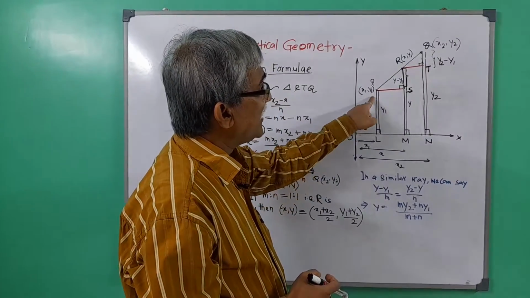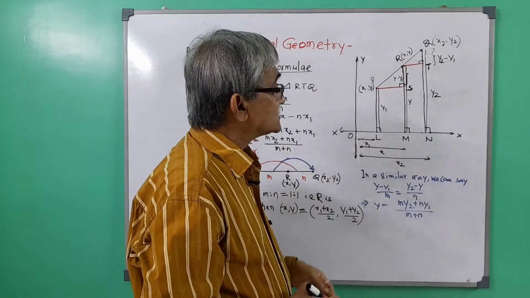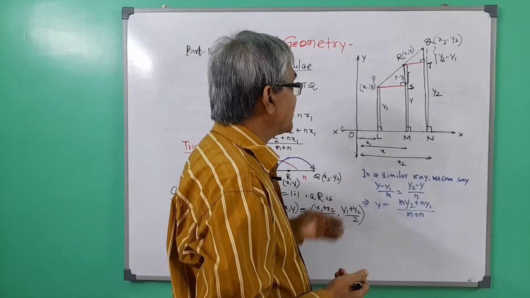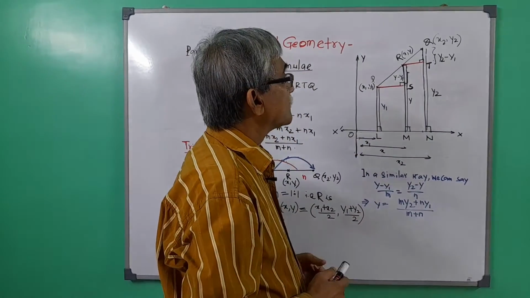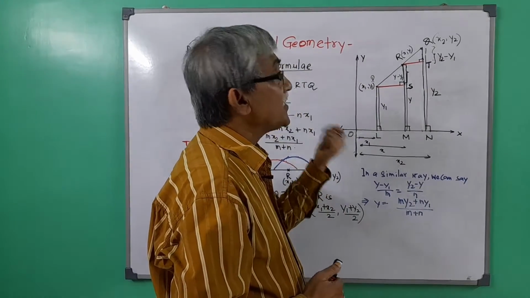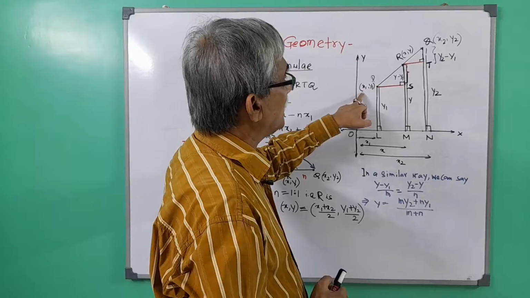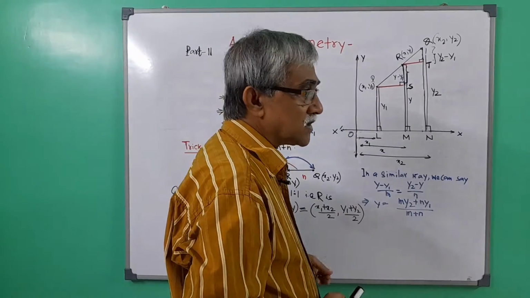Say there are 2 points P and Q. We have placed them on a Cartesian reference frame of XOX' and YOY'. The coordinates of the point P are x1, y1 and Q is x2, y2.